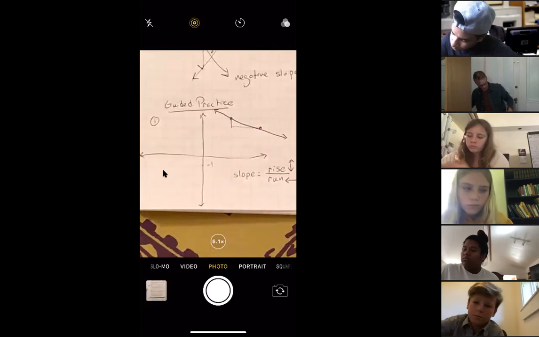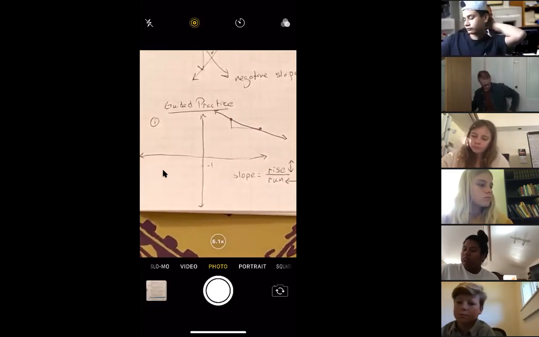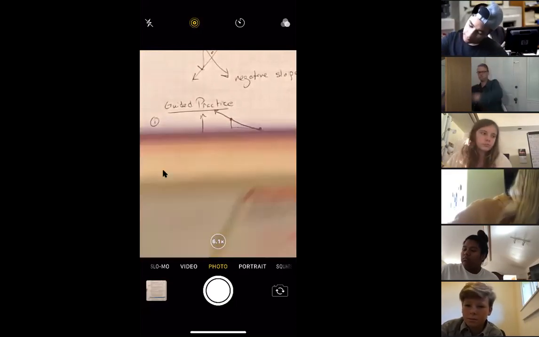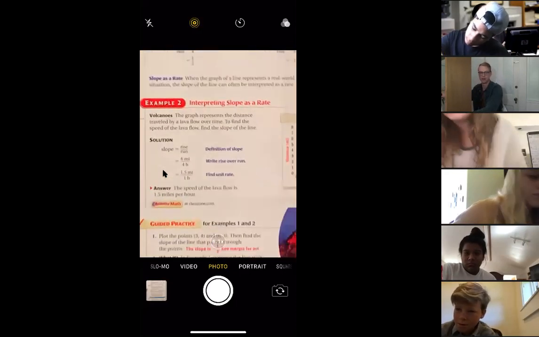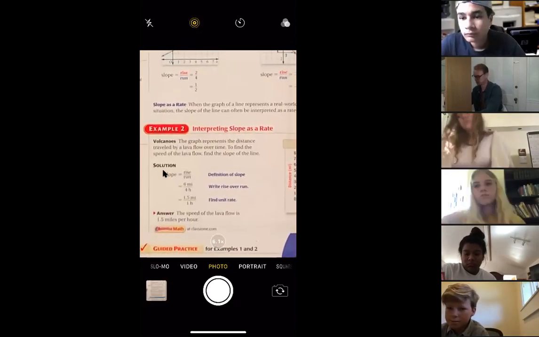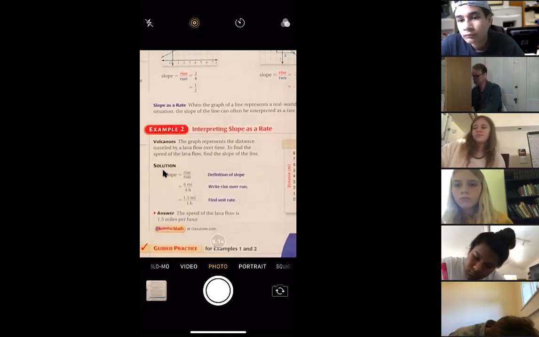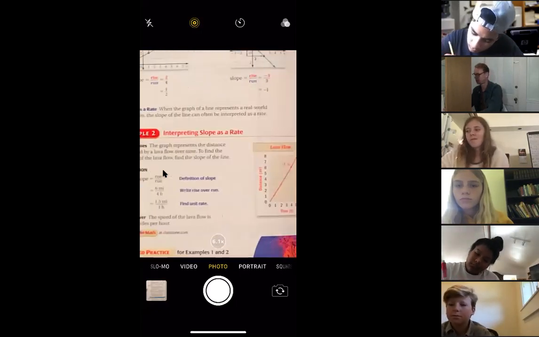Guided practice 2 says, what if in example 2, and example 2 is right here, suppose the line starts at the origin and passes through the point 3, 6. Find the speed of the lava flow.